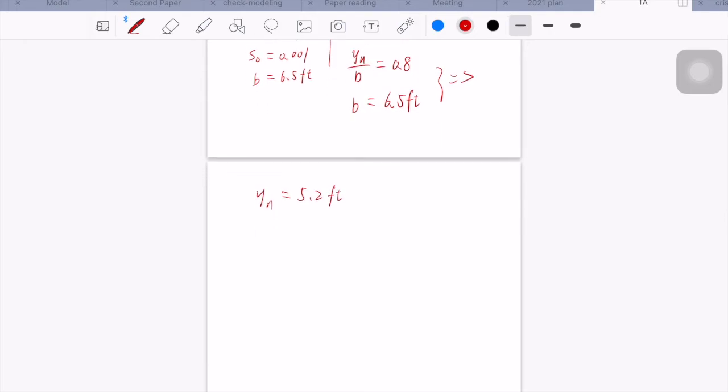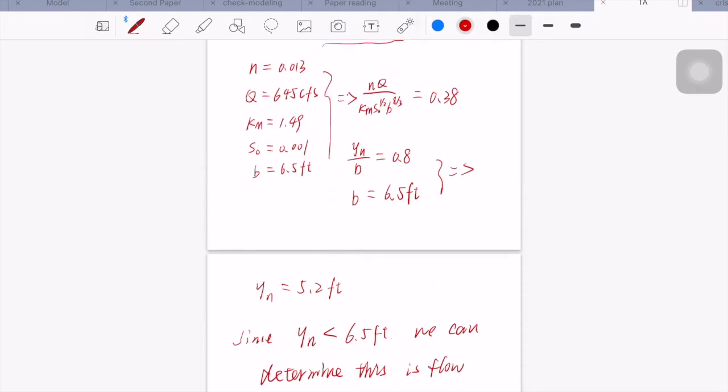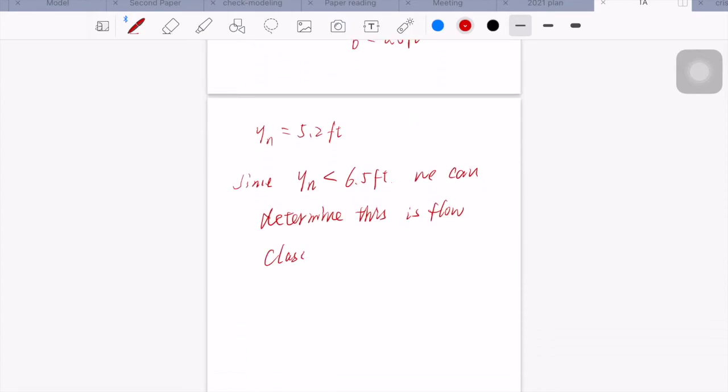So since yn is less than 6.5 feet, we can determine this is flow classification C, and Q equals 645 cubic feet per second. So we have done this problem.